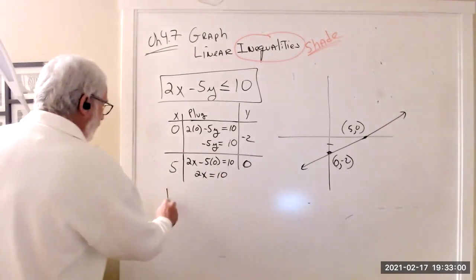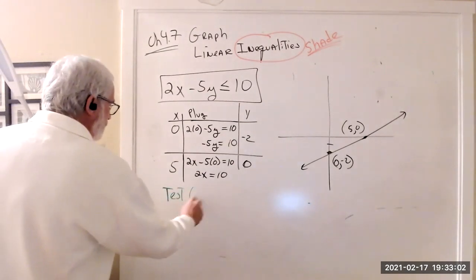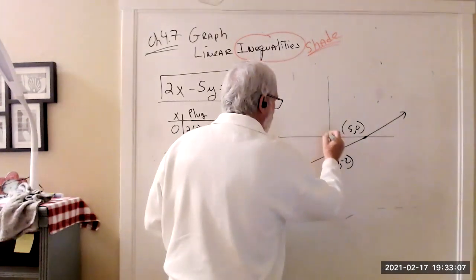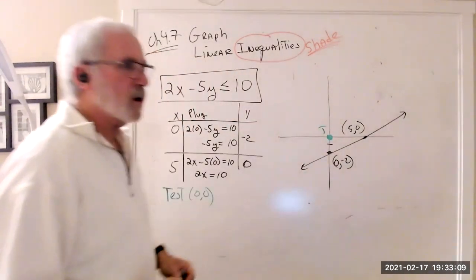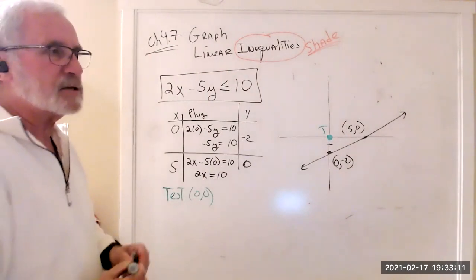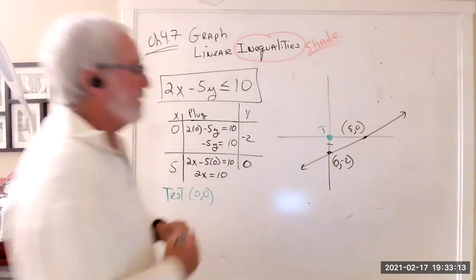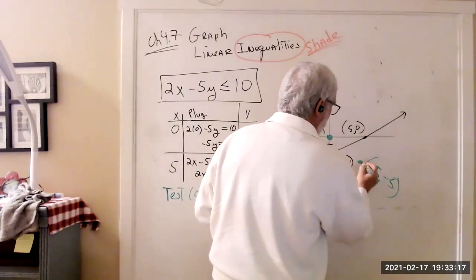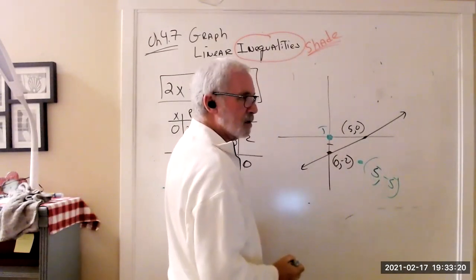I'm going to say I want to test 0, 0. And remember, the only condition is that my test point can't be on the line. If I wanted to pick 5, negative 5 out here, you could have picked it and used it.